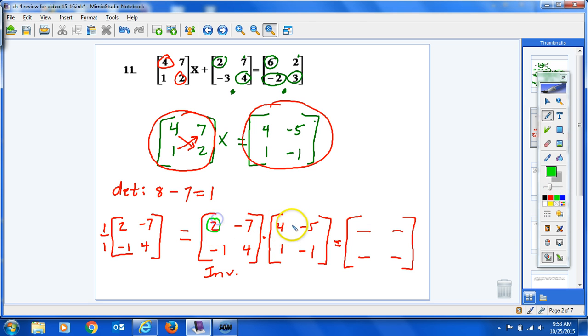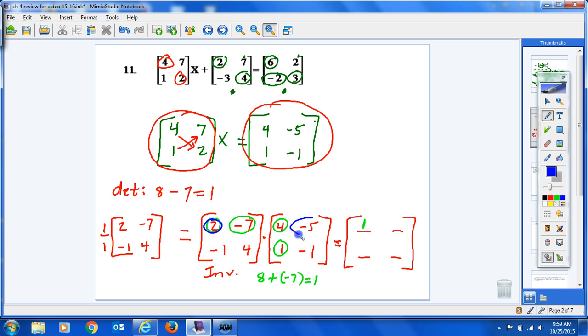So let's see if we can get to this answer pretty easily. We have 2 times 4, which is 8, plus negative 7 times 1, which is negative 7. So 8 plus negative 7 is 1. All right, now let's work on row 1, column 2.